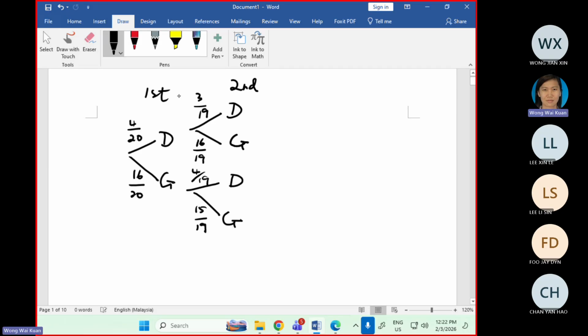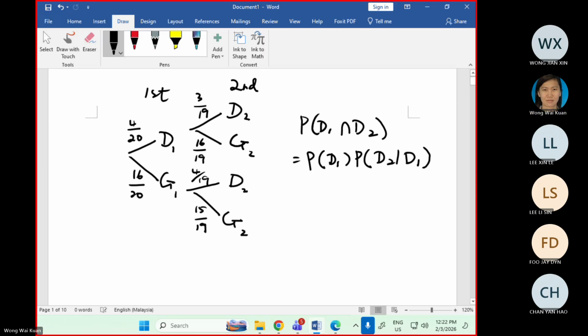Because this is the first one, I can call this D1 and G1. Then this is D2 and G2, because the second one. Now you see, when you do that, you are correct. When you are finding probability of D1 and D2, it's actually probability of D1 times probability of D2 given D1.